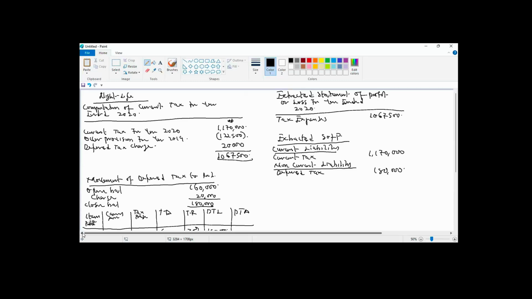Ask question. Sir, the deferred tax charge. I thought that after lessening the over provision from the current tax, we were going to add the 20,000 to the balance. Are we minusing it or adding it? 20,000 we add now, say charge.